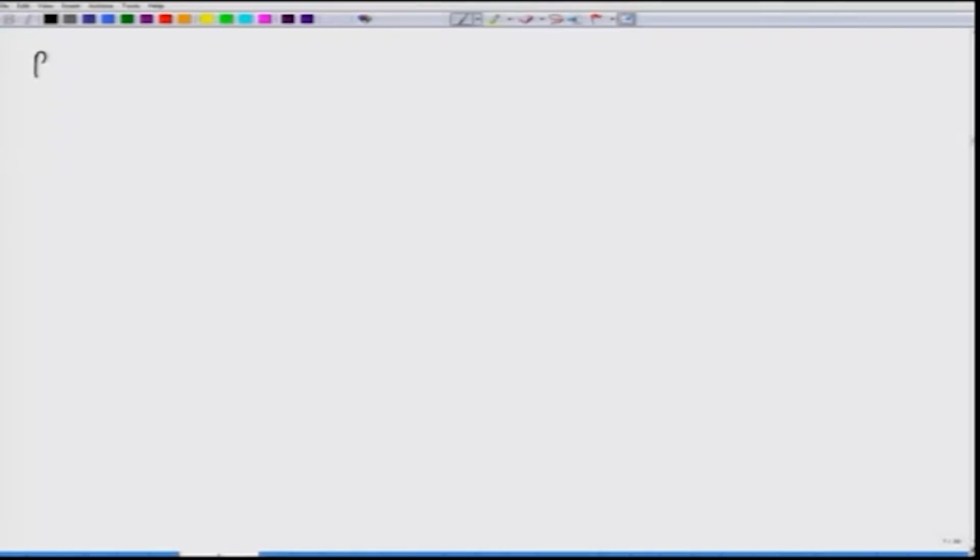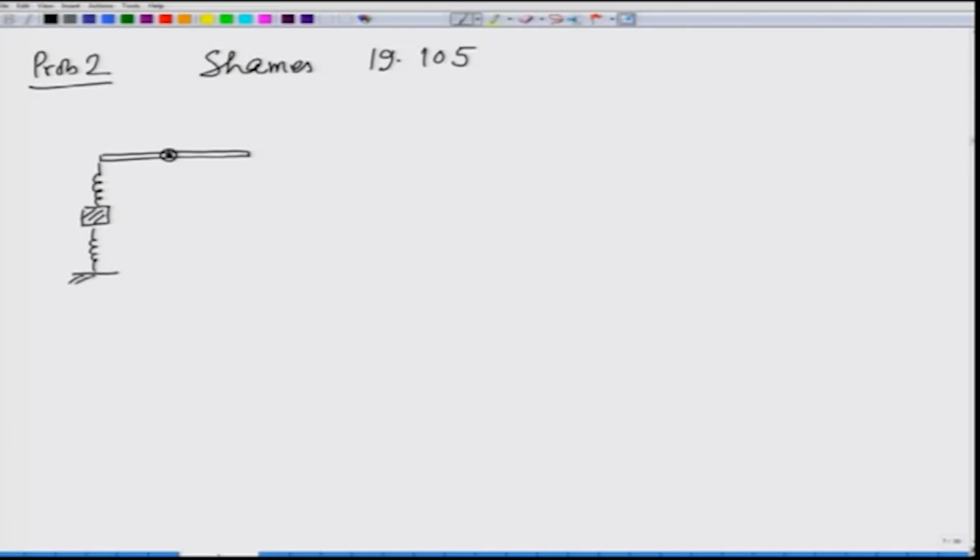Problem number 2. This is also taken from Shames, and this is problem number 19 times 105 from Shames. The problem is like this. Suppose I have a beam of length L which can oscillate about this middle point, and it is connected through springs to two identical blocks like this.